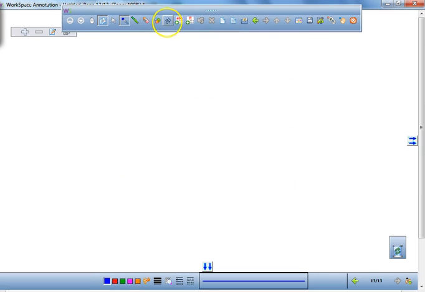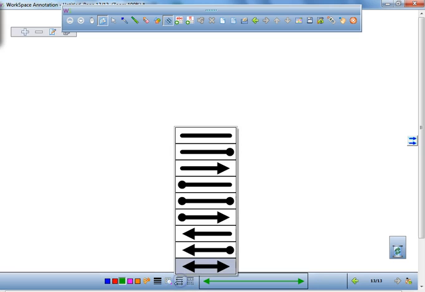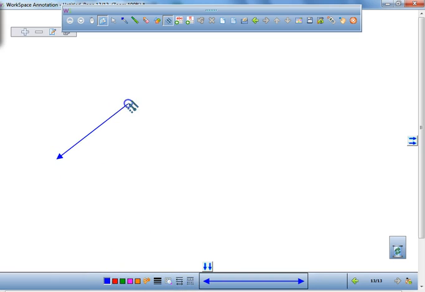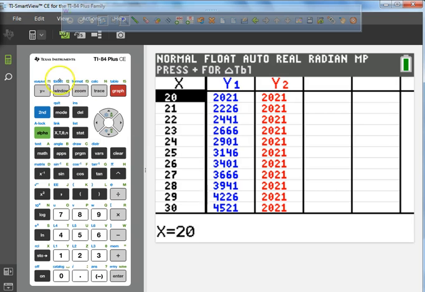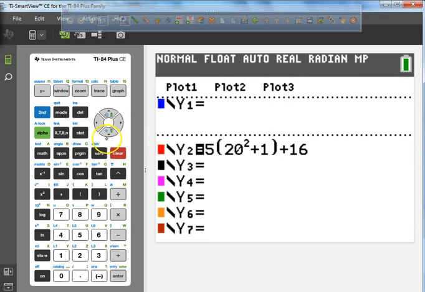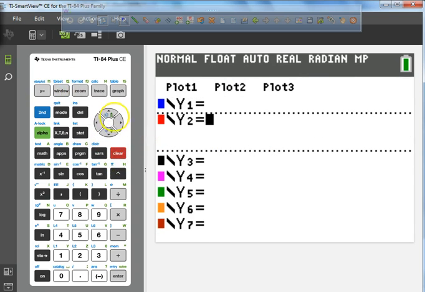Now, what are the 3 functions that you guys need to be aware of for tomorrow? Linear function, quadratic function, and exponential function. Everybody, here are the three functions that I'm going to draw out real quick.